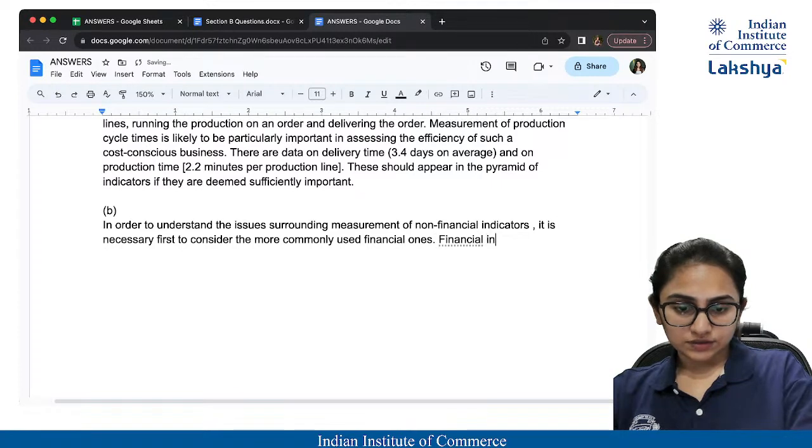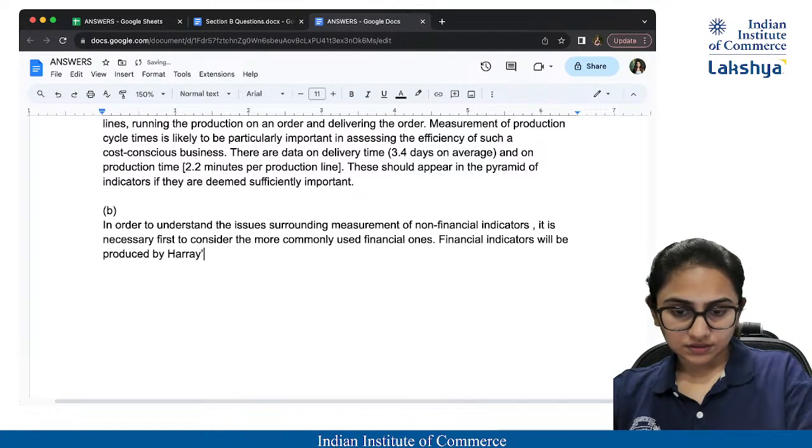Financial indicators will be produced by Harry's financial systems.